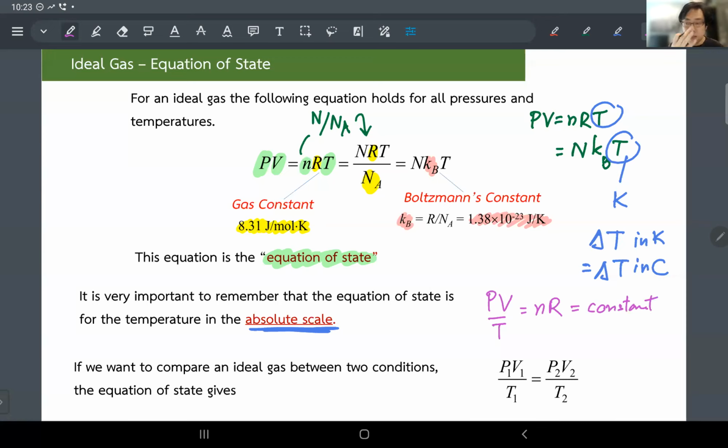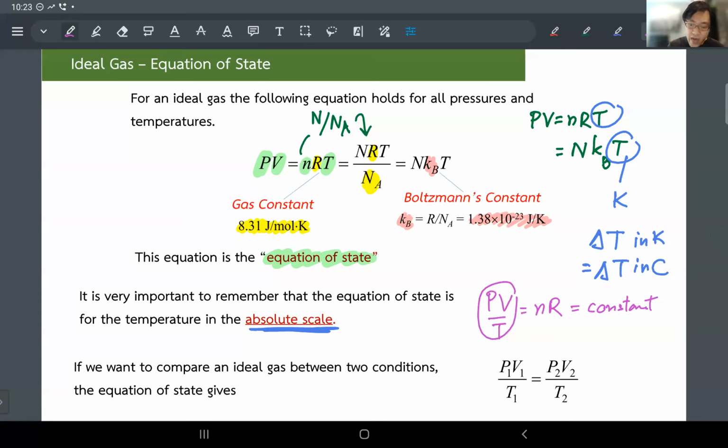So if you have a system with a fixed amount of gas, you can manipulate this gas however you want. You can expand it, compress it, increase the temperature, do whatever you want. This ratio right here, PV over T, must stay fixed. Does that make sense? Okay.